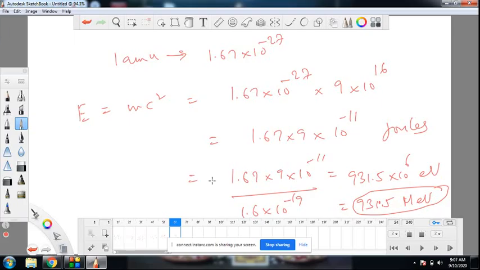Mass decreases and energy comes, radiation comes. Nuclear fusion, mass decreases and energy comes. Atom bomb, hydrogen bomb, all these are mass disappearing and energy coming, which can destroy even countries. So 1 AMU, if it completely disappears, you get 931.5 million electron volts of energy.